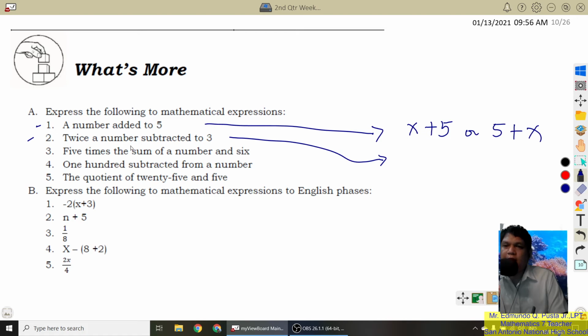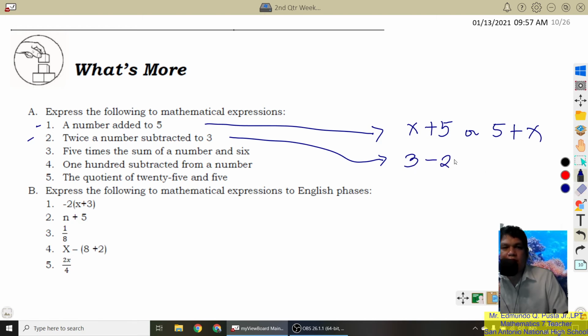Twice a number subtracted to 3. So, 2 times any number, let's say it is n, subtracted to 3. Ibig sabihin, yung 2 times a number, sinubtract siya sa 3. So, ano mauuna kaya? So, that should be 3 first. Okay?